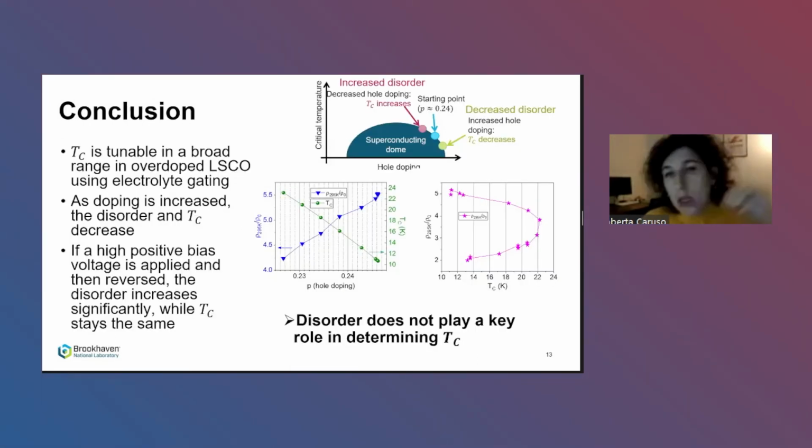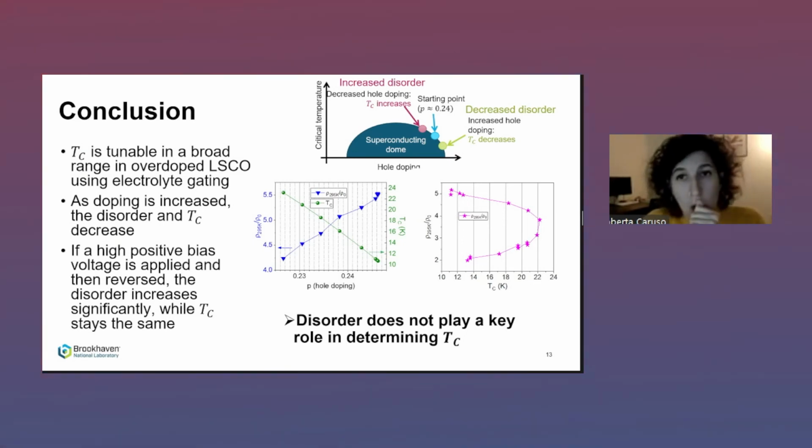So, in conclusion, what I was trying to show with this talk, with this experiment, we have demonstrated that we can tune the critical temperature of overdoped LSCO by means of electrolyte gating. And in doing so, we observe that as doping is increased, both the critical temperature and the residual resistance ratio decrease.